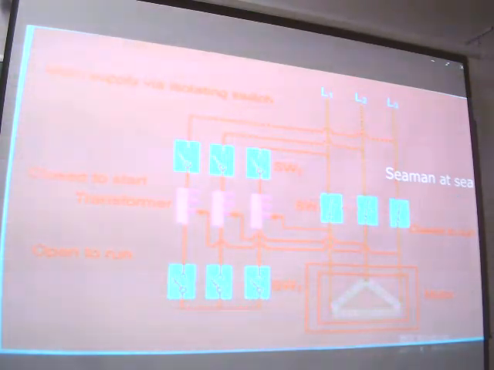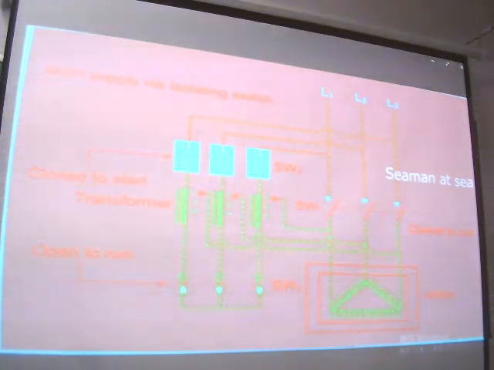However, during changeover of supply from auto transformer to direct voltage supply, there may be transient current and torque. To avoid such transients, the transformer star point should be opened and the transformer will be no longer included in the circuit.